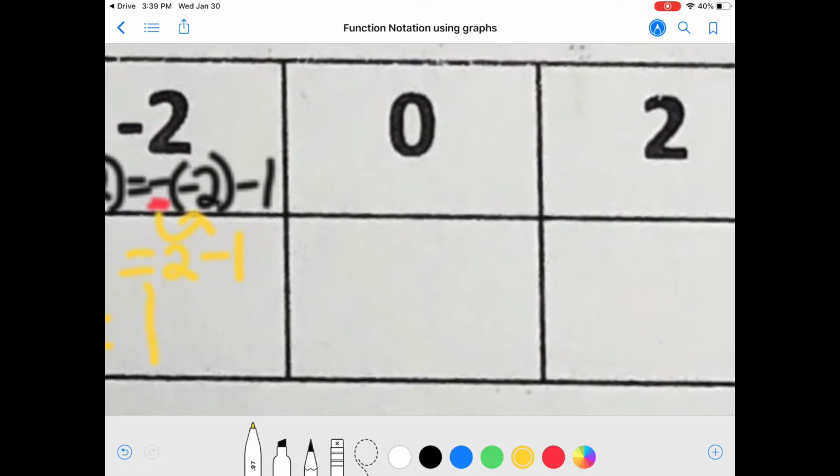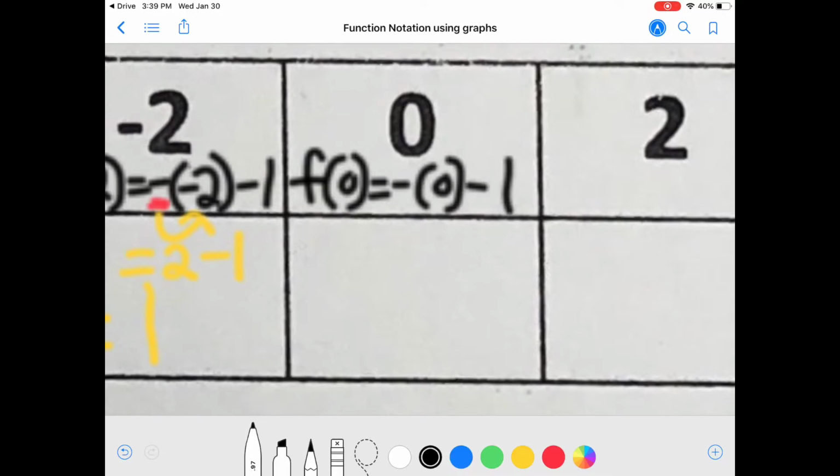Now for the next one, this gets a little less complicated because it's 0, but we still have f of 0 equals negative 0 minus 1.